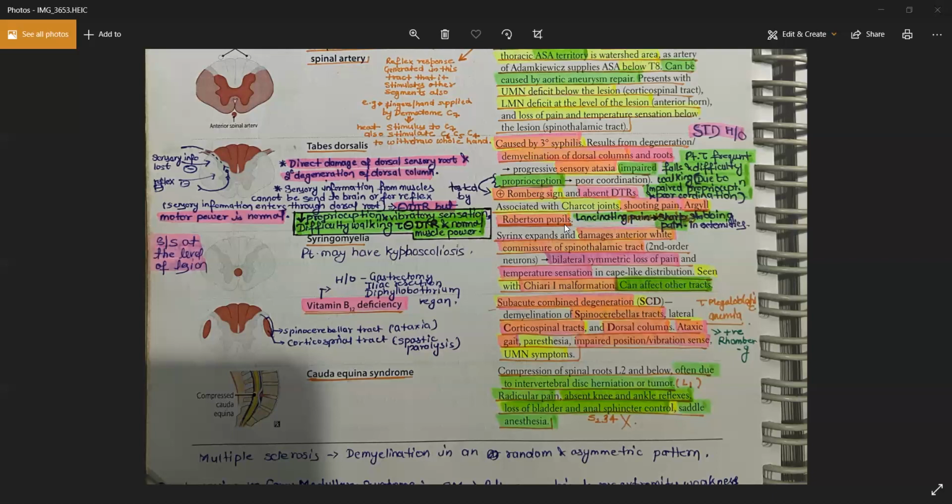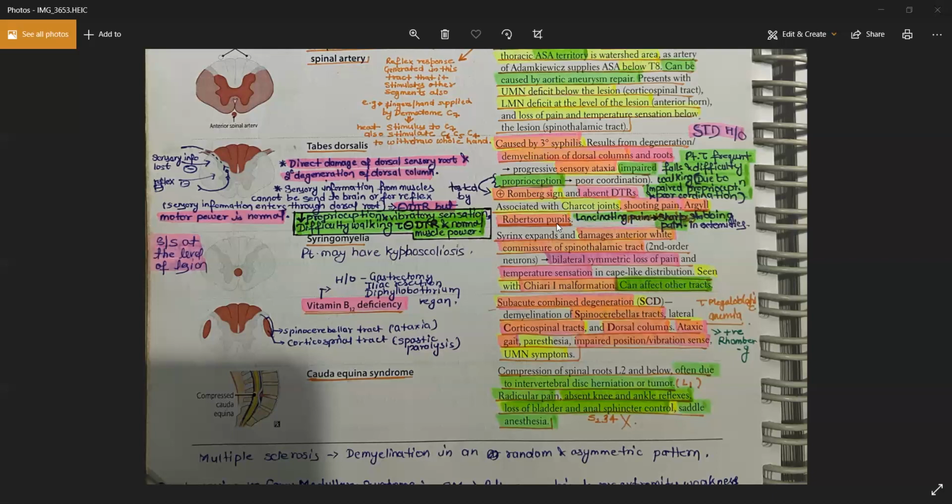No one? Pinealoma, remember? Don't forget that, okay? Only in two conditions you will get the Argyll Robertson pupil. One is tabes dorsalis and second is pinealoma, I told you, right?